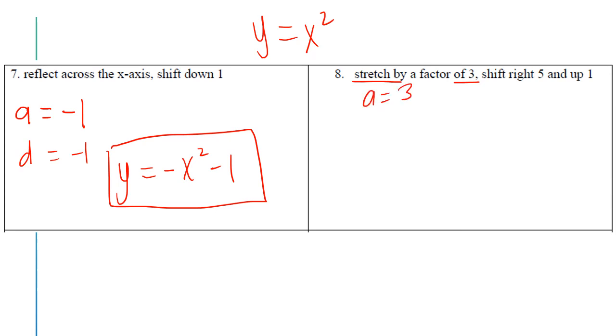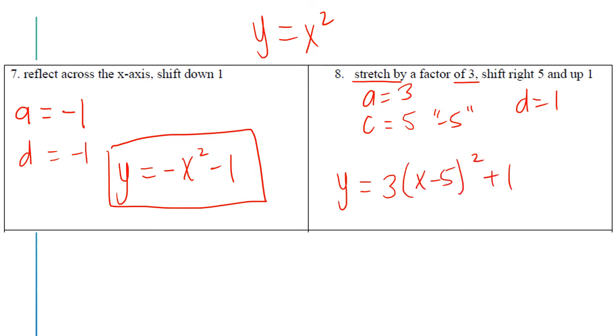I'm going to shift right 5. So if I want to shift right 5, that means that my C equals 5, but it's going to look like a -5. Okay? And I want to go up 1. So D equals 1. And again, we're applying it to x squared. So we have y equals 3 times the quantity x minus 5 squared, plus 1.